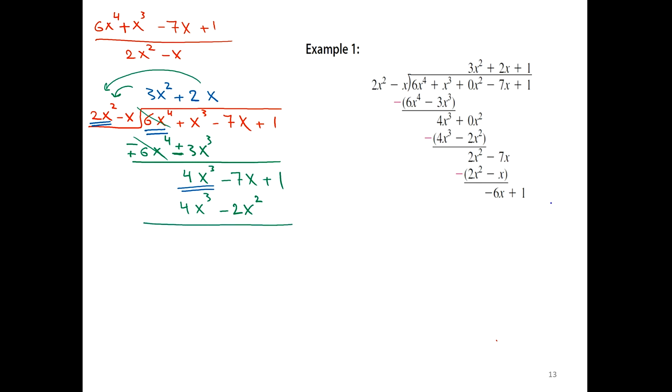Now, this is positive, convert to negative; this is negative, convert to positive. Add, remove the first terms, and we don't have x squared.